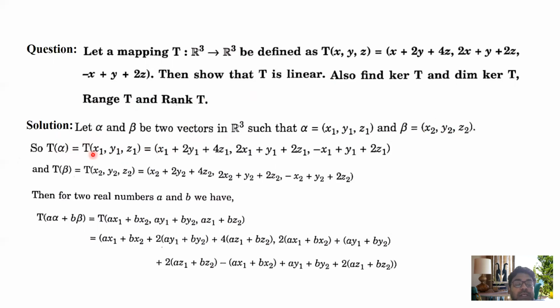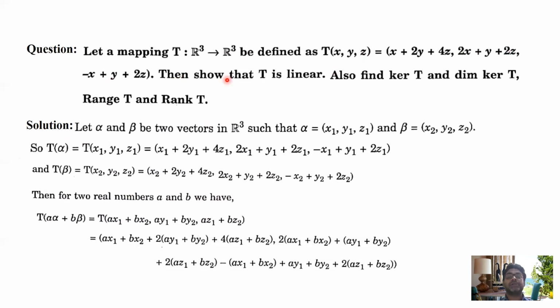So Tα = T(x1, y1, z1) = (x1 + 2y1 + 4z1, 2x1 + y1 + 2z1, −x1 + y1 + 2z1), and Tβ = T(x2, y2, z2) = (x2 + 2y2 + 4z2, 2x2 + y2 + 2z2, −x2 + y2 + 2z2). This result also comes from the given relation.